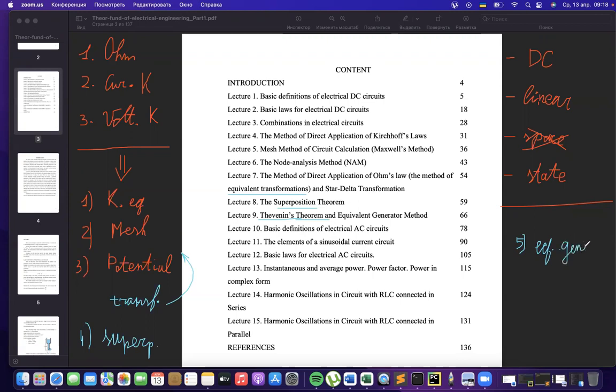Equivalent generator means a simpler circuit of a generator which we could substitute instead of a more complex case. In the case of lots of generators, we could substitute all of them with just one with a simple electrical circuit. And this is the general picture of direct current, of all that we discuss and all that is better for you to remember.